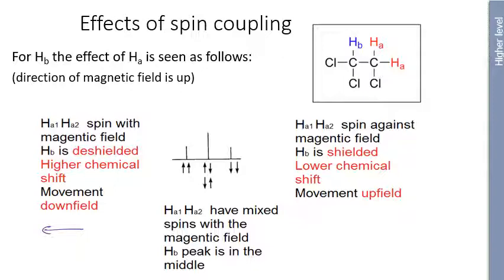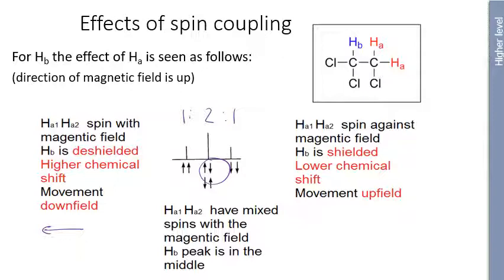Okay. And then you've also got HA1 and HA2 having mixed spins, so one is with the field, one is against, then you're going to have the HB peak in the middle. It's going to be a combination. And that's going to be in terms of intensity 1 to 1 to 1, because there's 2 possible combinations.